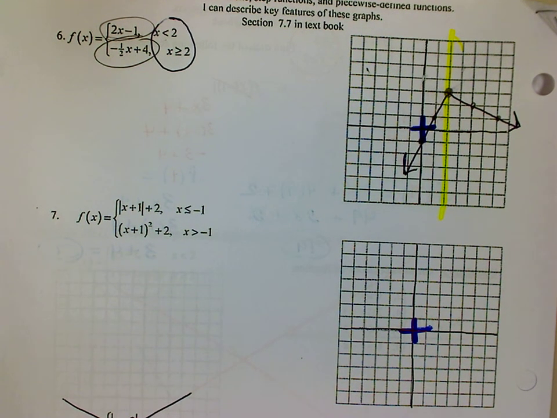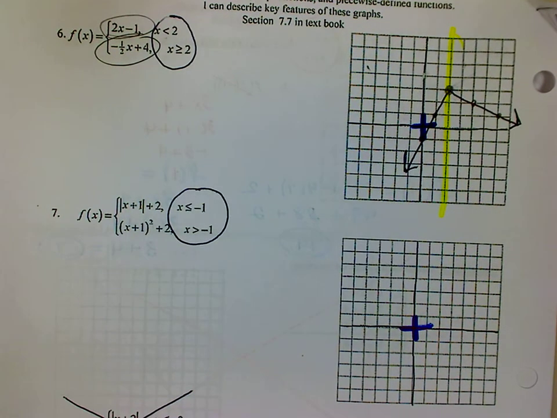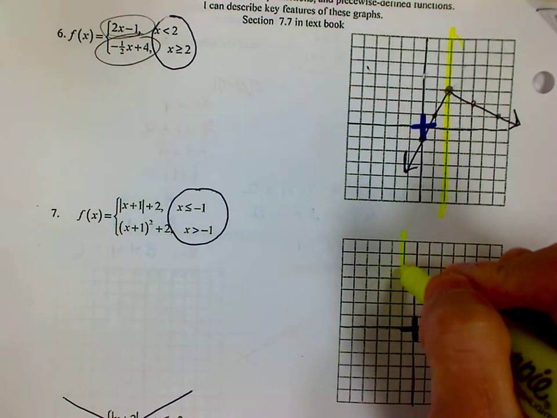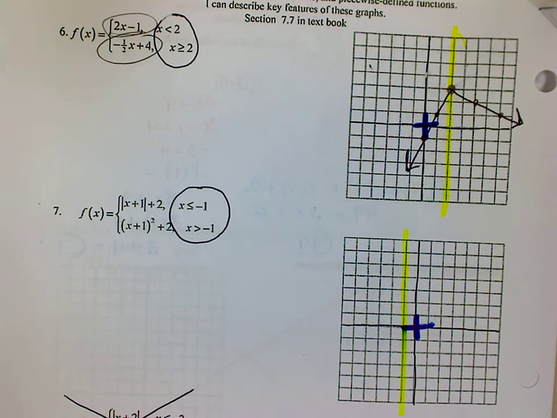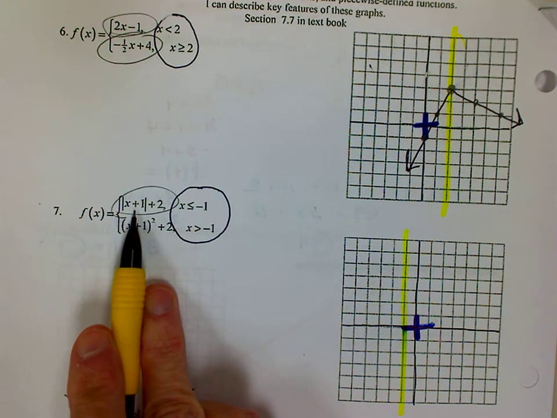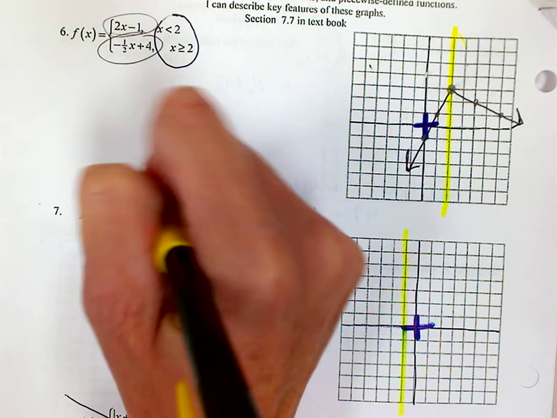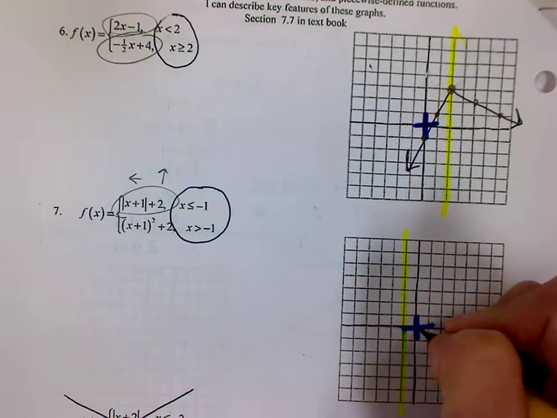Okay, so number 7, I'm going to draw a vertical line at -1. Okay, so starting at my origin, I'm going to graph this top one here. So I'm going to do the opposite if it's with x. I'm going to go to the left 1 and up 2.